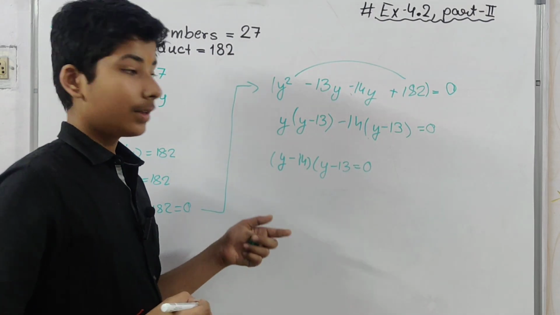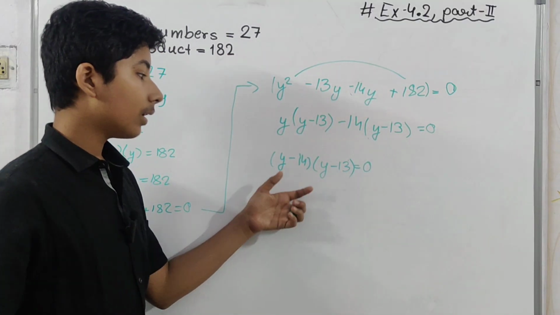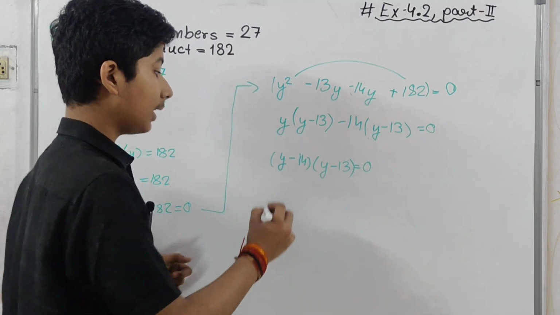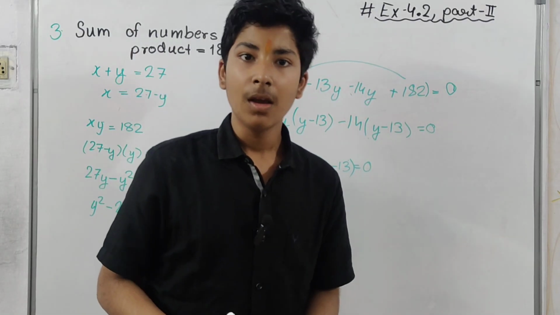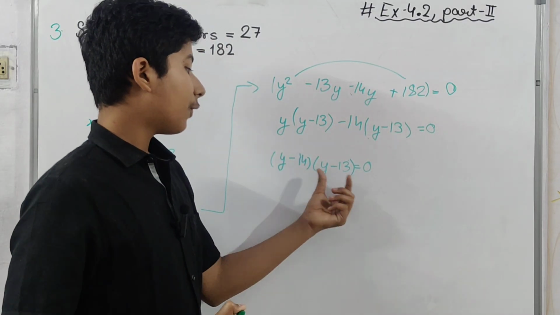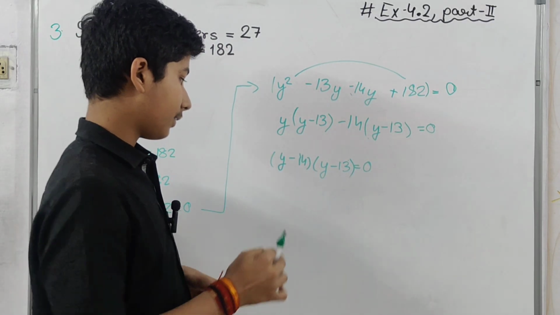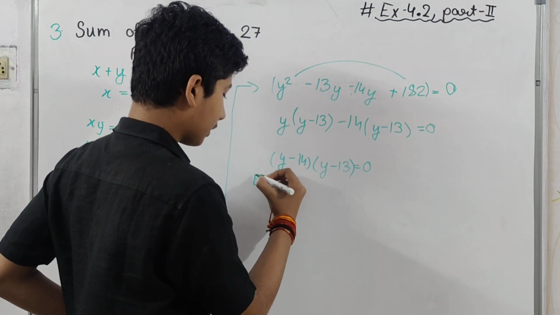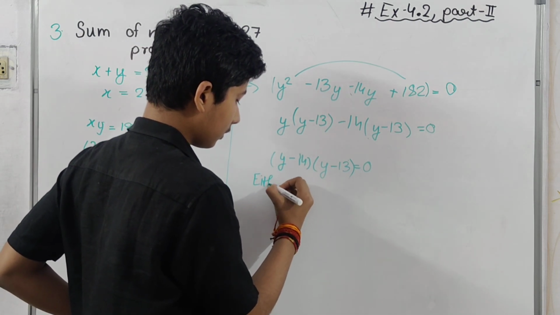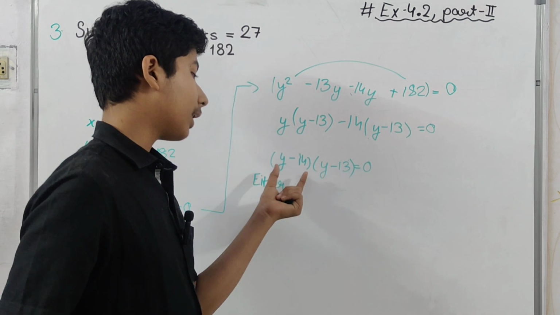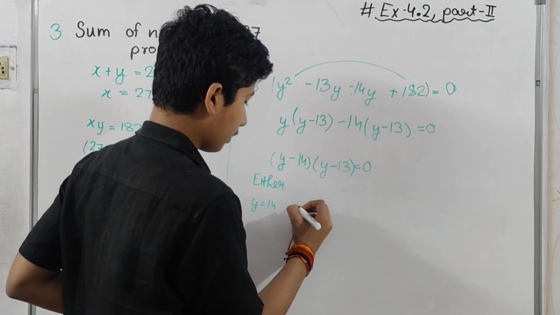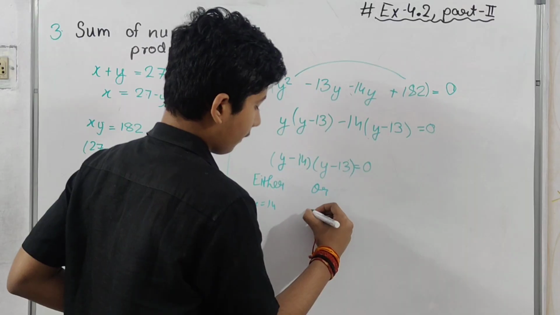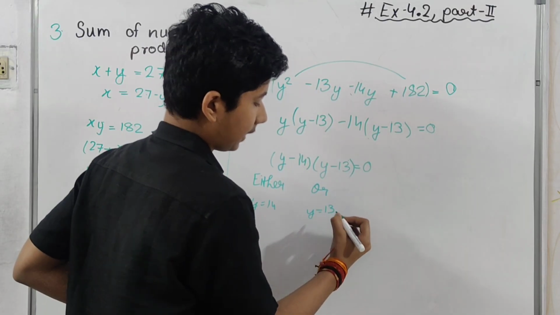So when we check the roots, or you can say when we find out the numbers, firstly we'll find out the values of y. Y can be either 14 or 13. So either y minus 14 equal to 0, y equals 14, or y equals 13.